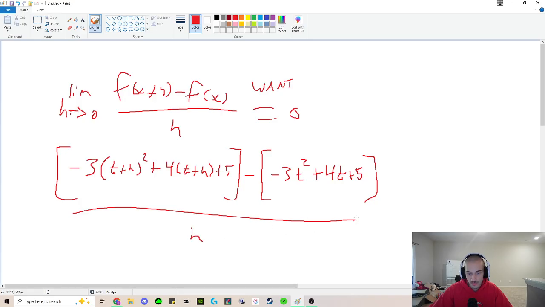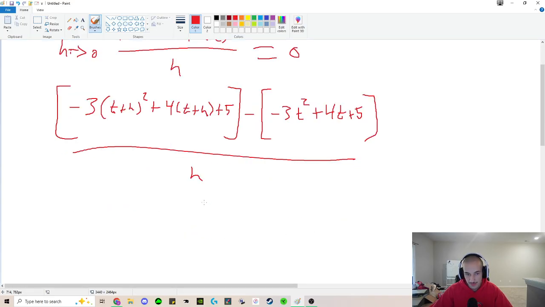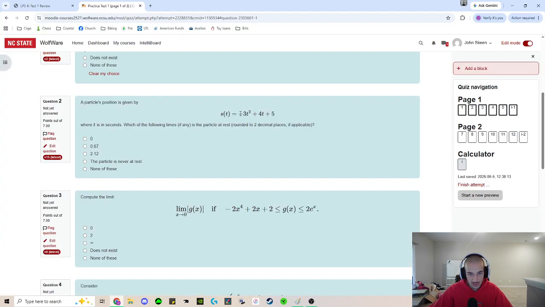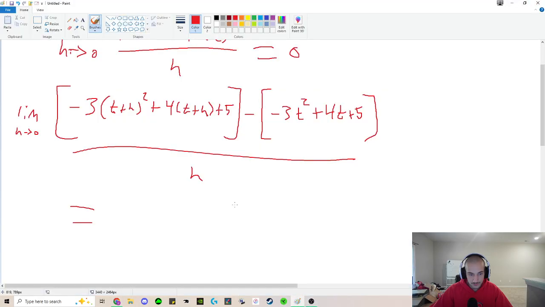Now you would solve this, but I'm just going to go ahead and take the derivative. If you were to take this limit here, you'd end up getting negative 6t plus 4. Negative 6t plus 4. Okay.